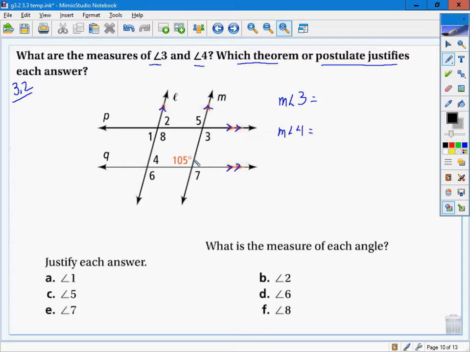The only measurement that they gave me was this 105. So I'm going to look at where angle 3 is, and I'm going to determine how big angle 3 is from that given information. How big is angle 3? 105 degrees. Because of what reason? What type of angles are 3 and the 105? Alternate interior angles.